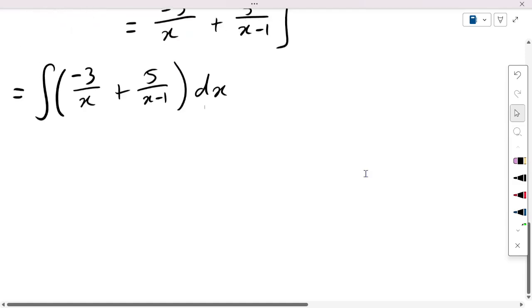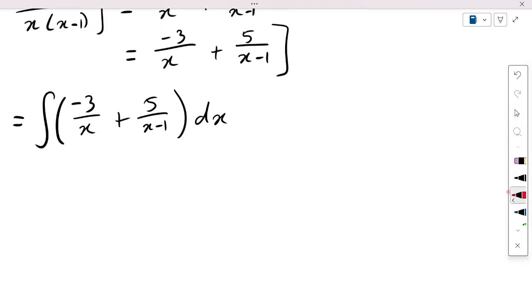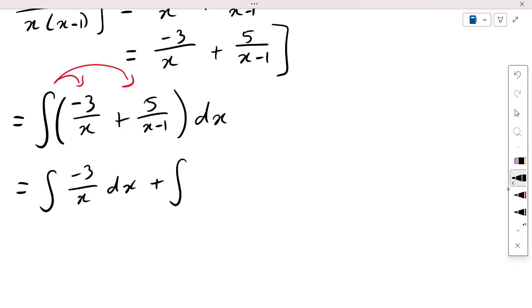And then we can take the integral in both terms, right? We can take the integral into this term and then into this term as well. And then therefore, we can say this is the integral of negative 3 over x with respect to x plus the integral of 5 over x minus 1 with respect to x.